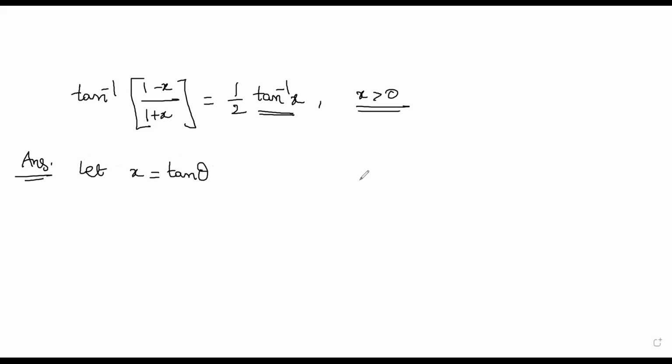If I put x equal to tan theta, tan inverse of tan theta is theta. So that part I am fine. Now another part: what happens for (1 minus x) by (1 plus x)? This format you have to remember. If x is tan theta, what is (1 minus tan theta) by (1 plus tan theta)?